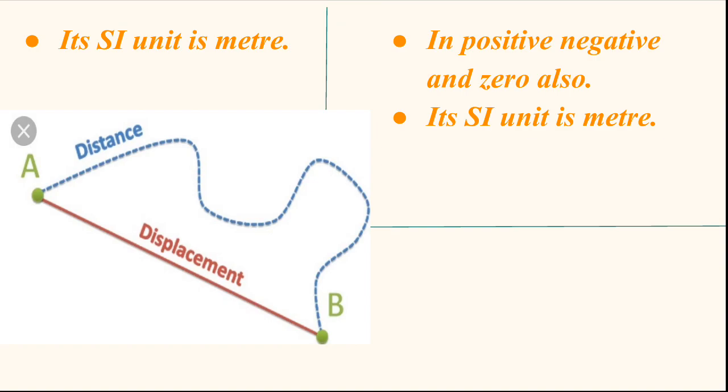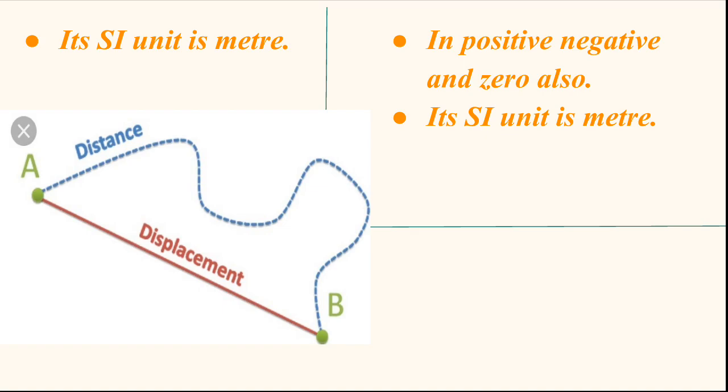Now you can see a picture and diagram in which I have shown A and B. A is your initial position and B is your final position. Means at A you start to travel and at B you end your traveling. The distance is made up of the blue dotted lines, which we walk along, but between where we started and where we ended, I have specified the distance with the red line.